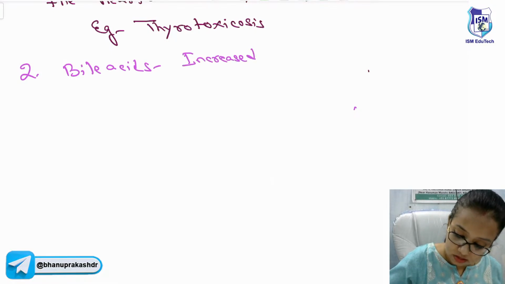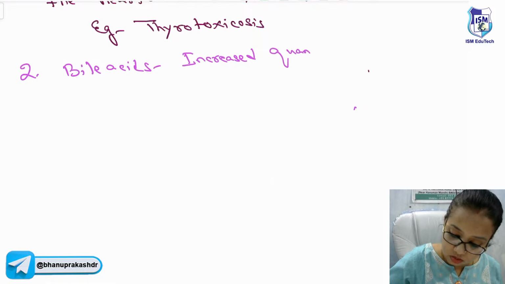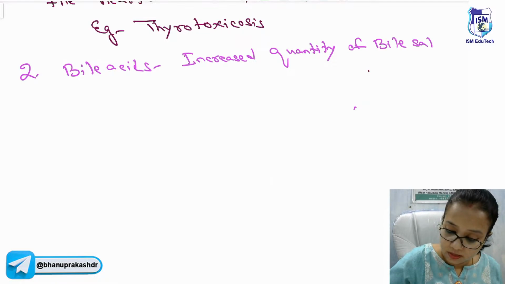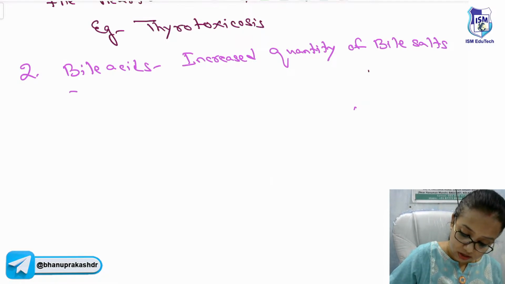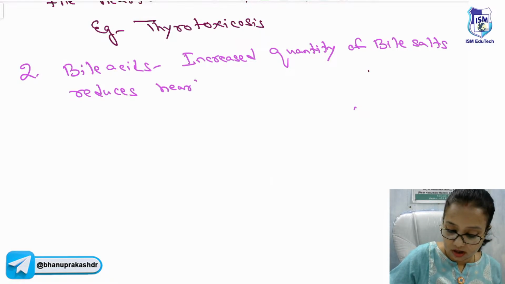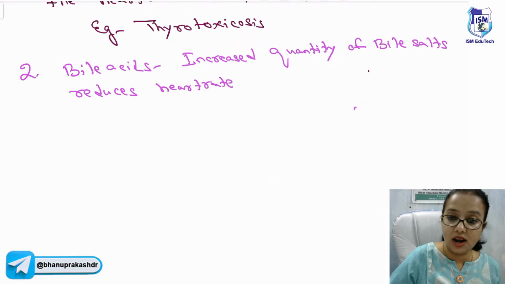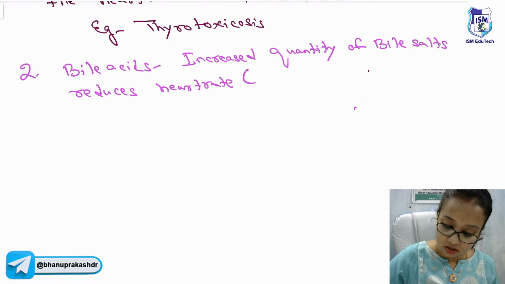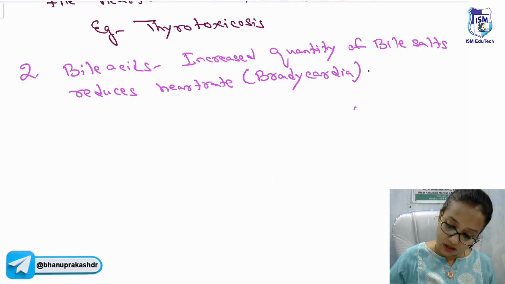Increased quantity of bile salts reduces heart rate. So when the heart rate is 60 and below, we call it bradycardia. Okay.